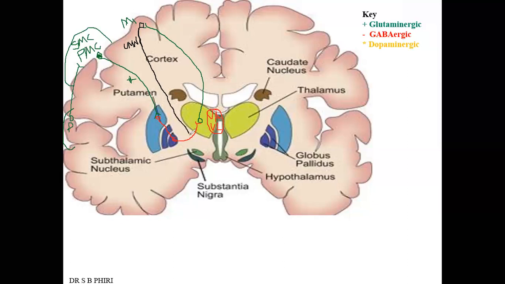It goes down to the midbrain. In the midbrain, it's going to form the cerebral peduncle within the crus cerebri. Then it descends down to the pons. In the pons, they become scattered because you have those pontine nuclei. Then it descends down to the medulla oblongata.